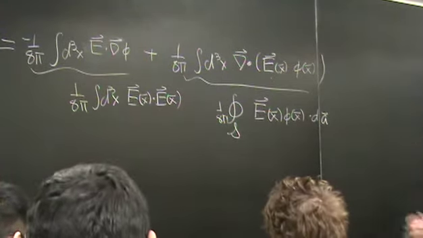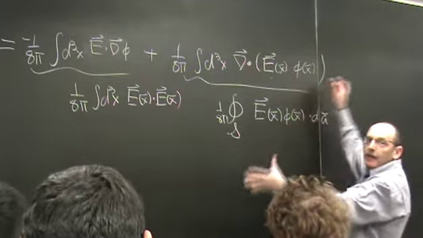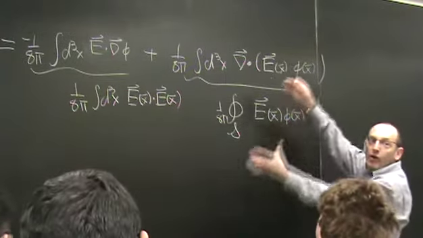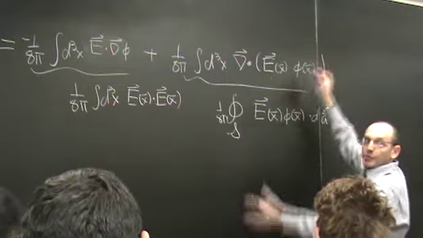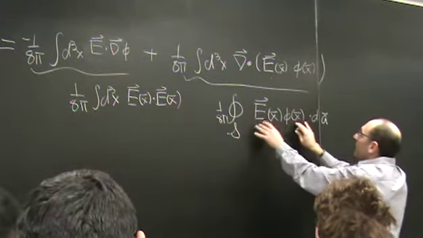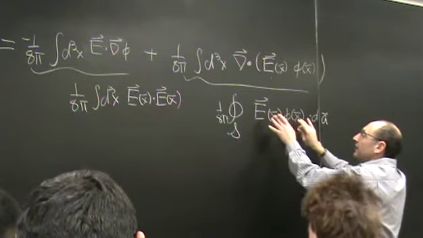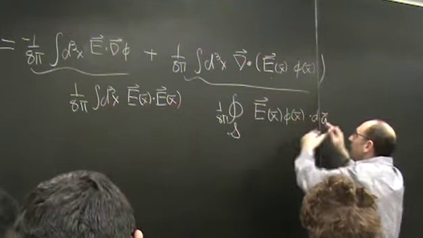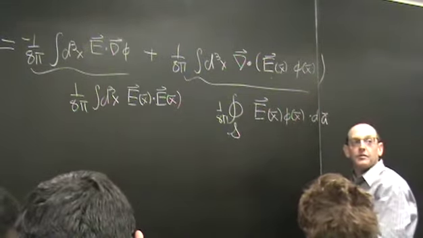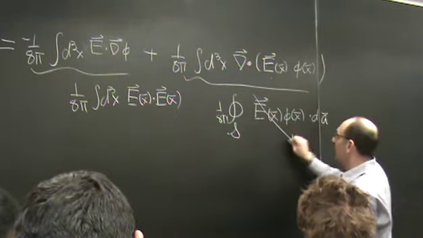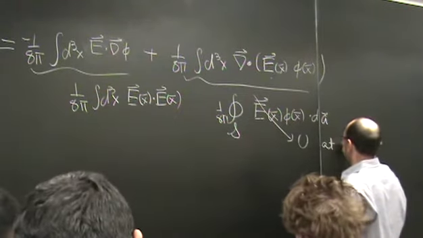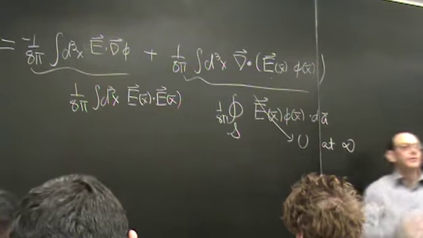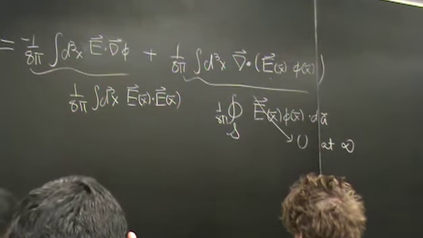So here we assume that we're integrating over all space. The surface terms are such that the combination of E and phi falls off faster than the surface area grows, so that at infinity, this is 0. So the surface term vanishes.